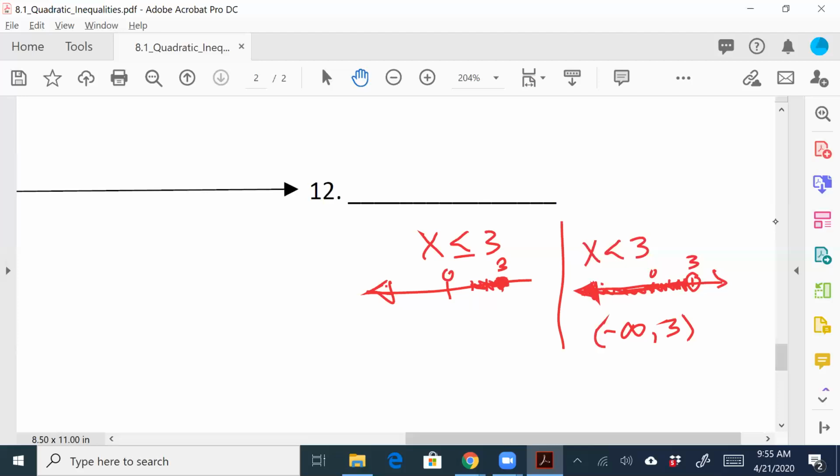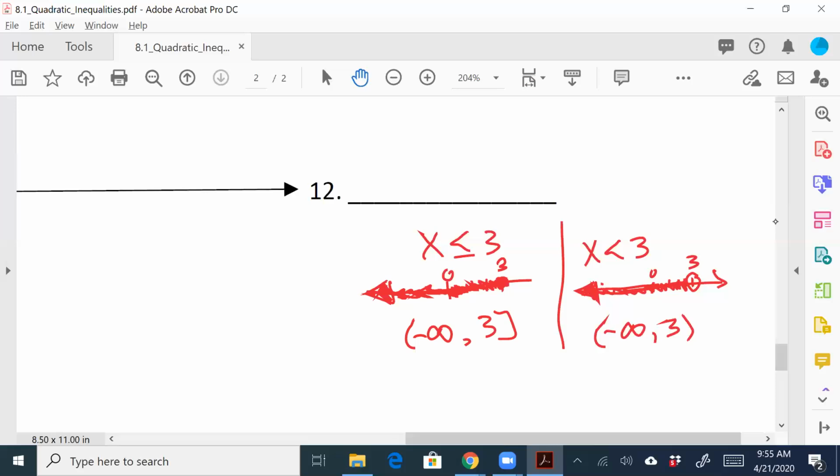And then we still move off to the left. And because it goes clear off to the left, on the left we put negative infinity, and on the right we put 3, but this time we use a bracket to show that it can be equal to 3.